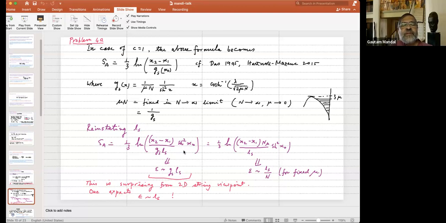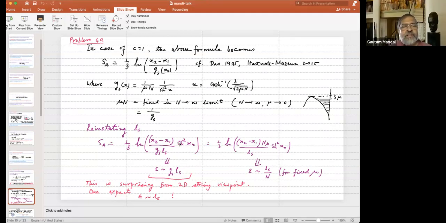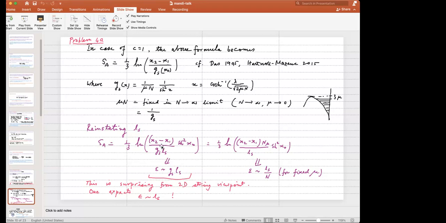Ignoring the potential at the end of the lambda space, which is called the Liouville wall, what you would have expected through the Calabrese-Cardy formula applied to free scalar fields is log of x2 minus x1 divided by epsilon, where epsilon is the appropriate cutoff for the tachyon theory or the two-dimensional string theory. And that appropriate cutoff should have been Ls.